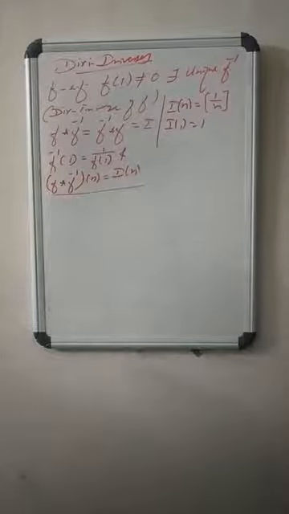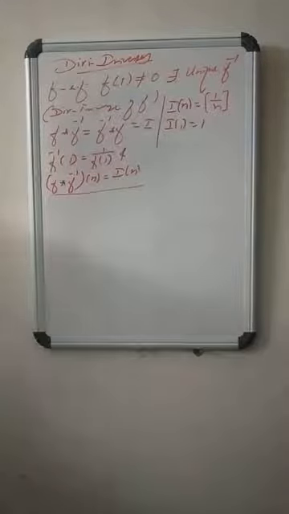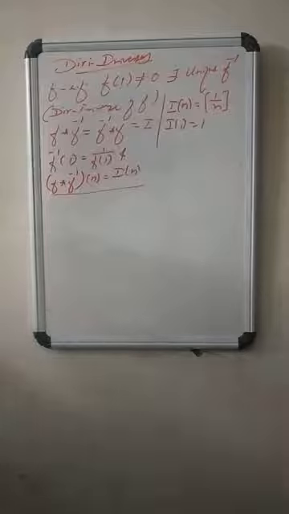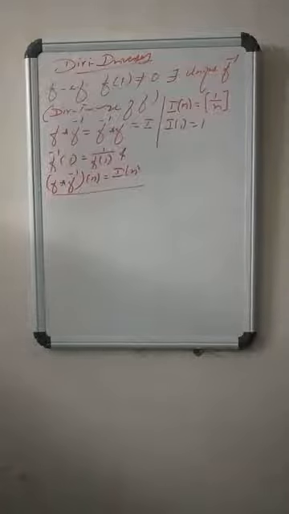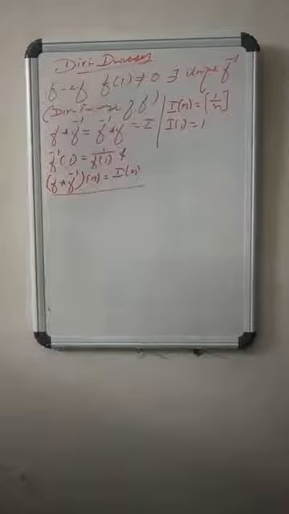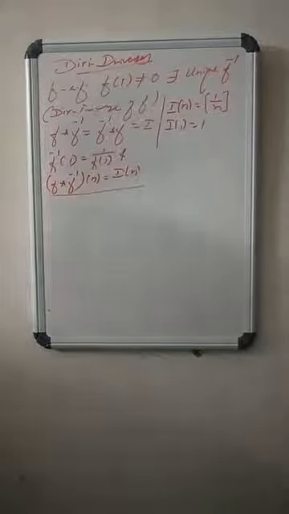By induction hypothesis, the result is true for n equals 1. Now we assume that the function value f inverse k has been uniquely determined for all k less than n. Then we have to solve the equation f star f inverse of n equals I of n.